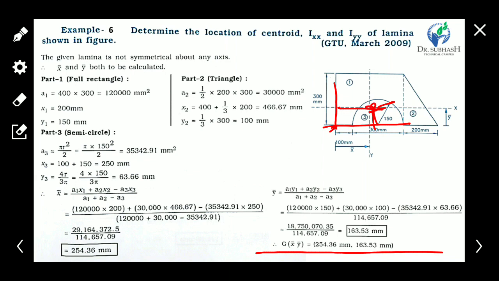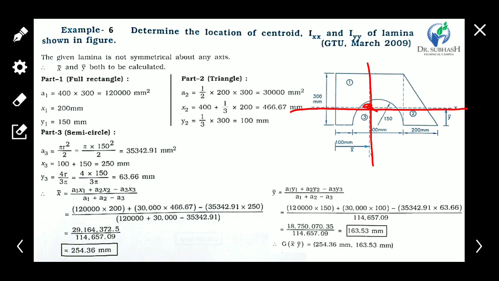So the position of center of gravity is here, and from that we can get the position of the x-x axis and y-y axis.